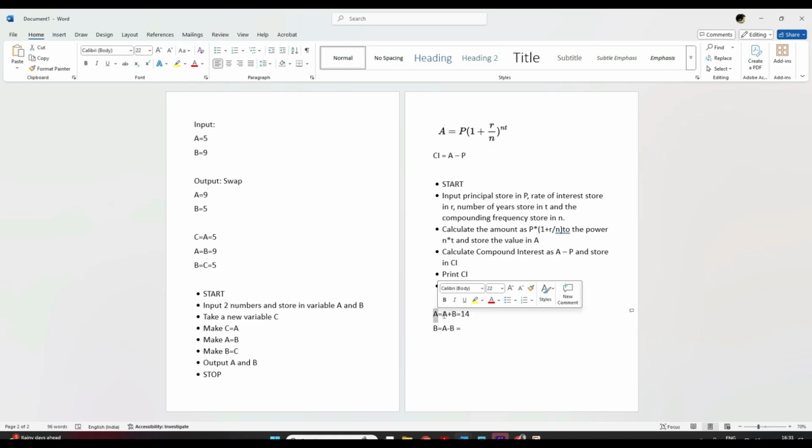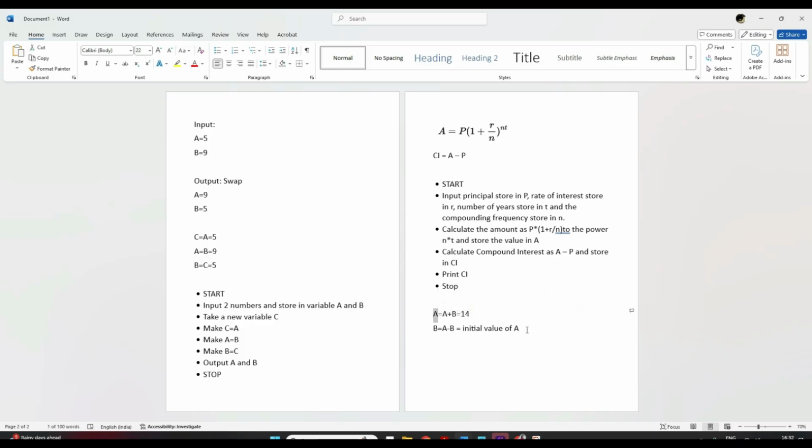Currently a is holding the value of a plus b. Now from that, if I subtract b, I get the value of a, which is getting stored in b. Is it clear? Right? So if I write b is equal to a minus b, that means I'll get the initial value of a, not this changed one.